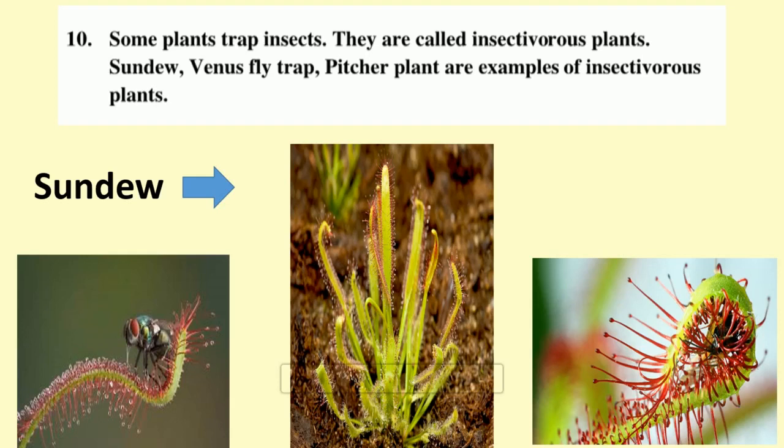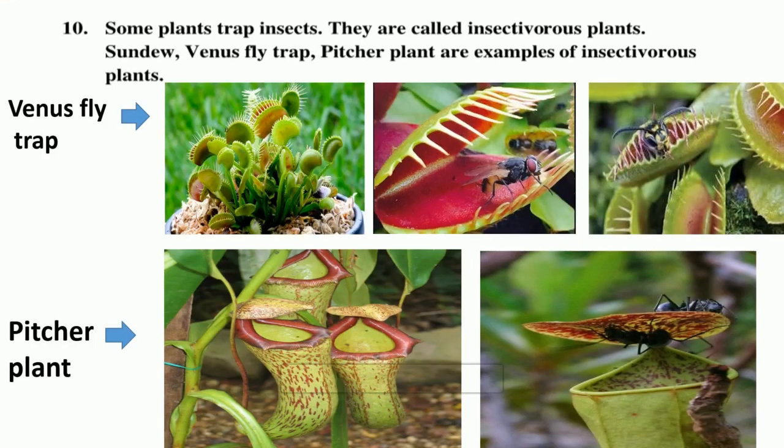There are approximately 500 types of insectivorous plants known in the world. 3 are given for your knowledge in this book. First is sundews. They trap insects in sticky hairs and slowly bend into spoon-shaped leaves and digest the insect. Second is Venus flytrap. It is a flowering plant best known for its carnivorous eating habits.